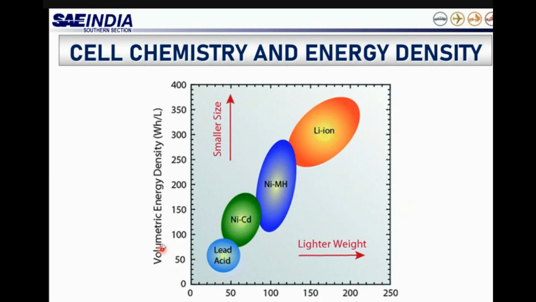When we look at the volumetric energy density and the specific energy density, here is a plot where lithium-ion batteries are in the range of say 150 to 220 whatever per kg. And you know the packaging constraints and the weight restrictions that we have on a vehicle.